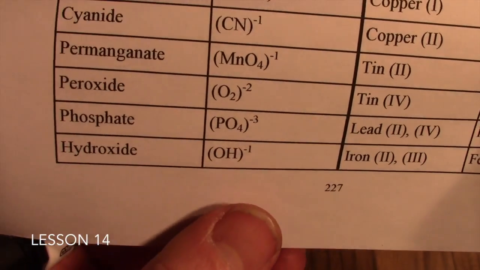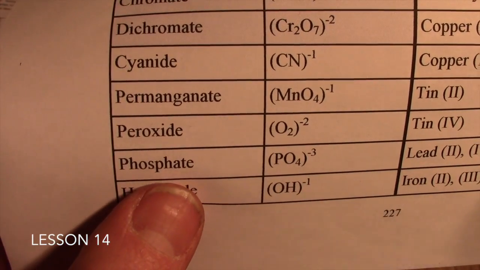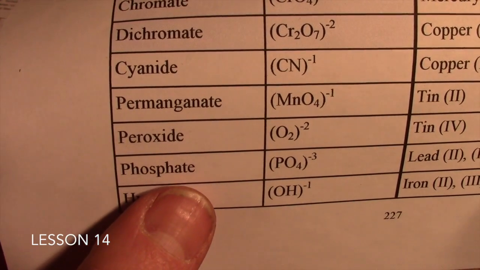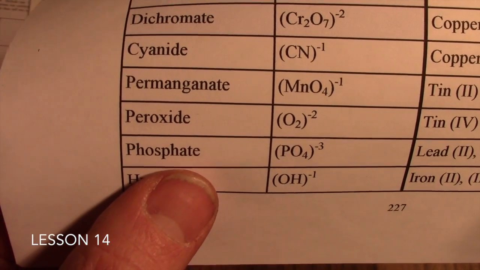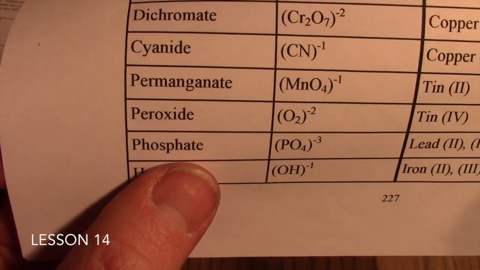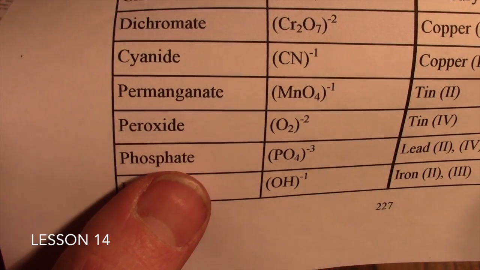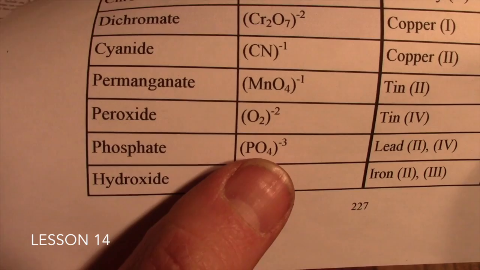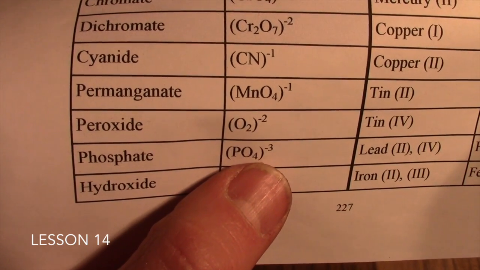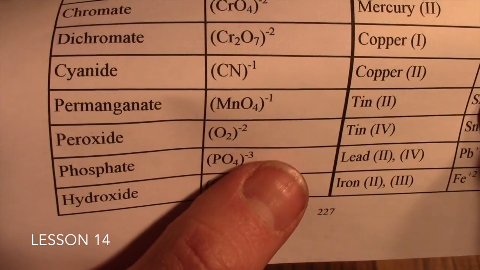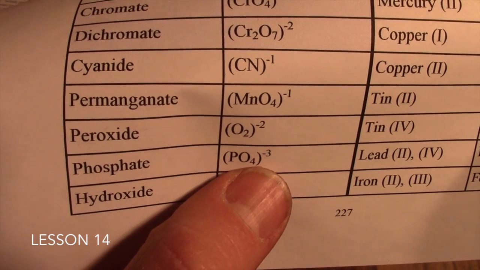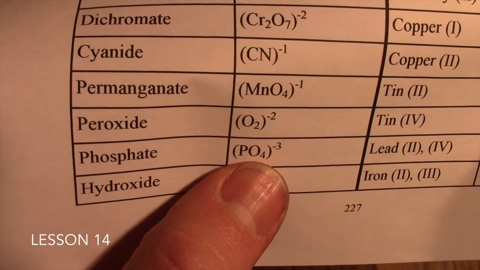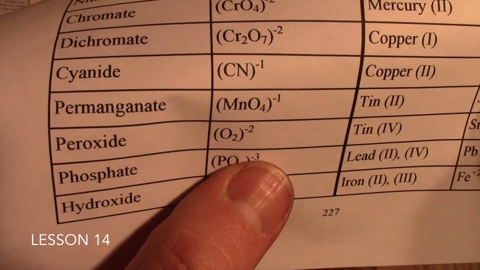And the memory aid I have here: phosphorus is one of those chemicals used on the ends of matches. So to bring that back in focus with your students, phosphorus is on the end of a match, and so the memory aid is it takes 4 matches to make a fire, but 3 will work. 4 for the number of oxygens, 3 for the charge. So it takes 4 matches to make a fire, but 3 will sure work.